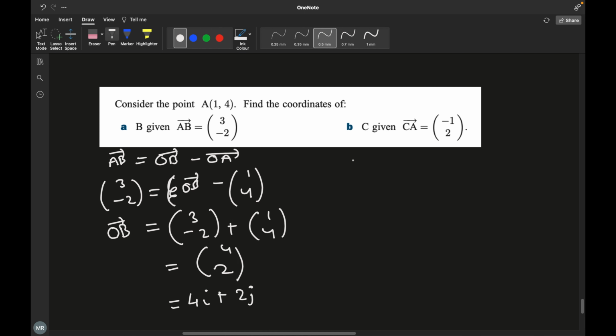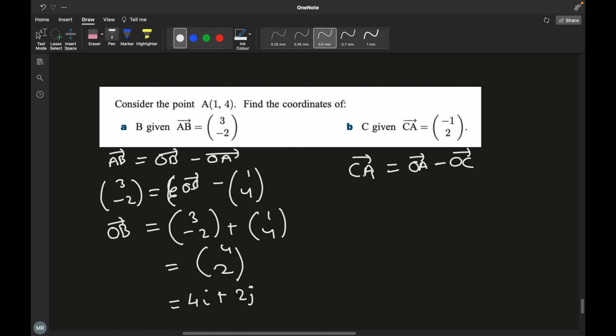Let's do the same here. Okay, this may seem confusing because we are used to AB. But like I taught you, for CA it would be the position vector of the second letter, which is OA, and you have to subtract from this OC.